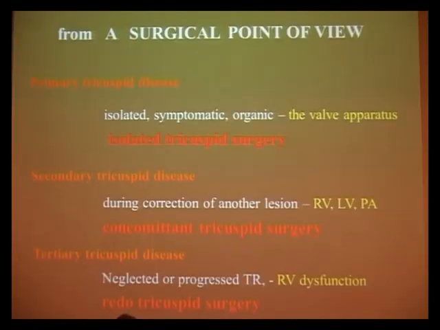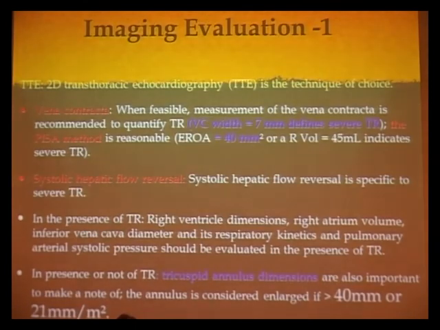And when we look at the tertiary tricuspid disease, they are neglected tricuspid regurgitation during the first operation or progressed after the first operation. So basically, they are redo tricuspid surgery. So it's usually much more complex.